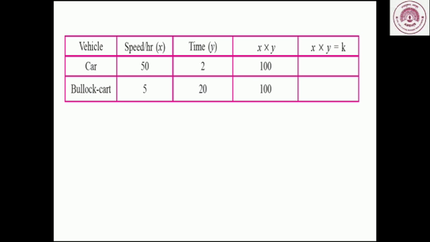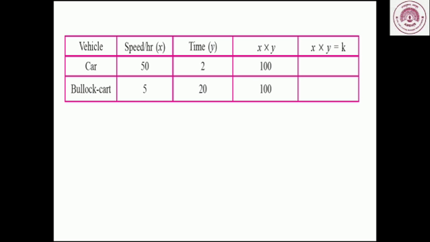So x denotes the speed and y denotes time. x multiplied by y is 50 multiplied by 2, which is 100. Similarly, for the bullock cart, speed is 5 km per hour and time is 20, so x multiplied by y, that is speed multiplied by time, is 5 multiplied by 20 equals 100.